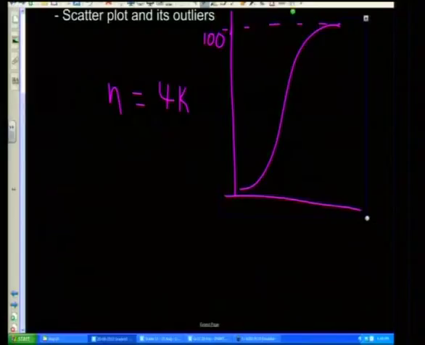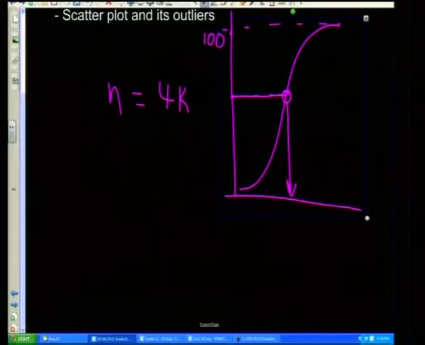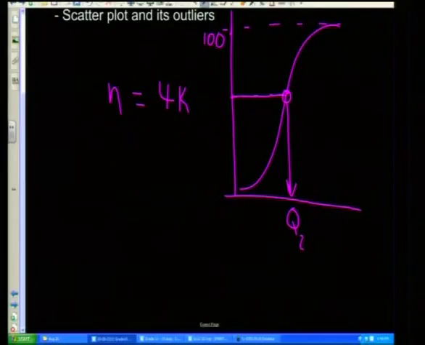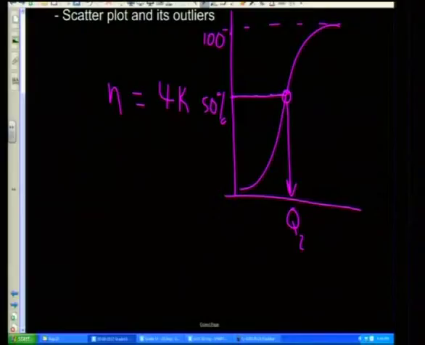Then right in the middle of that, you draw a horizontal line. When you hit the graph, you then drop your line and read off your value. In this case, that would be Q2, if this is 50%.